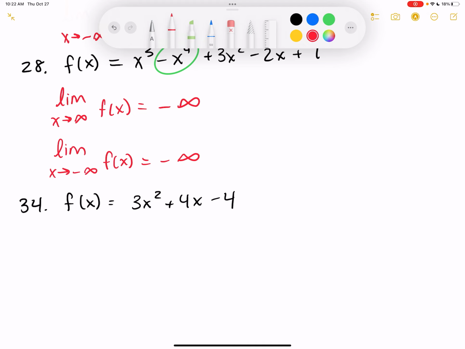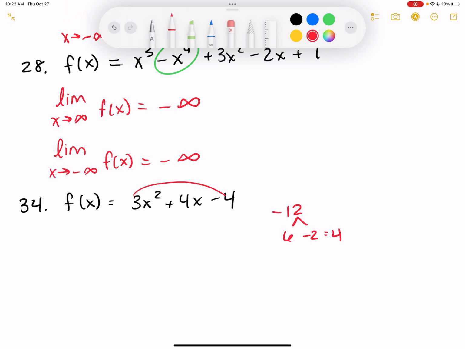The arch method? Arch. Yep. So I need factors of negative 12 that add up to give me 4. 6 and 2. Which one's positive, which one's negative? Negative 2 is negative. Yep. So 6 and negative 2.